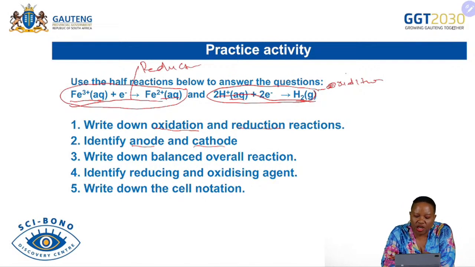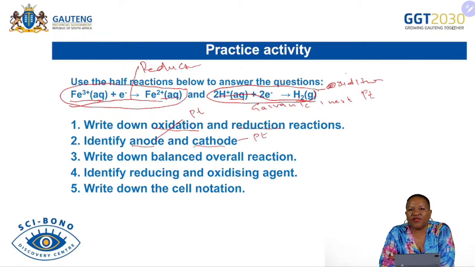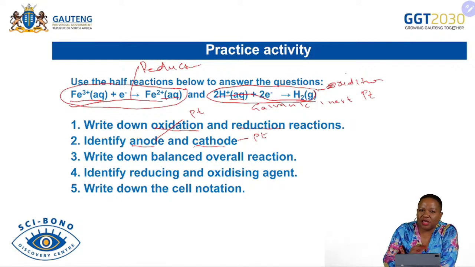Therefore, we need to provide them. In a galvanic cell, we normally provide an inert electrode, platinum. So our cathode will be platinum and our anode will be platinum. We'll see that when we write our cell notation, because we need to represent them. They won't be part of our half reactions because they are inert and not reacting, but they will be part of our cell notation, because they build the entire cell.